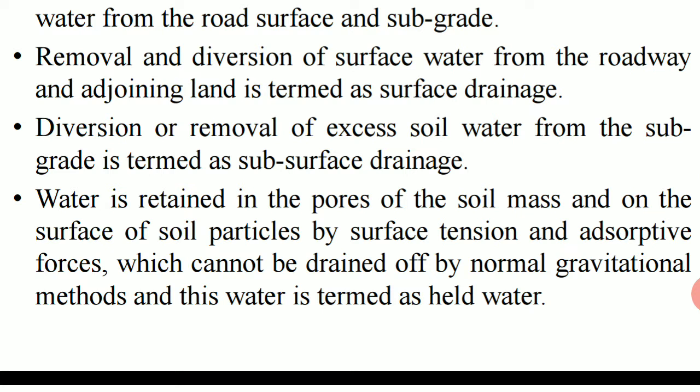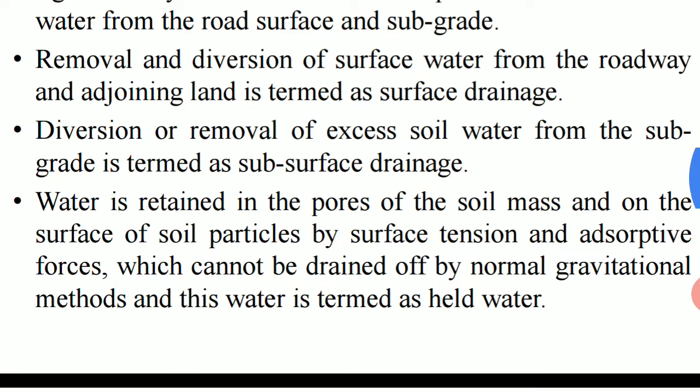So here what they are telling is the removal as well as the diversion of the surface water. Either we need to remove whatever water is stored or water-logged on the top layers, or we need to provide a proper path so that it should not be stagnant on a particular layer of the pavement, right?